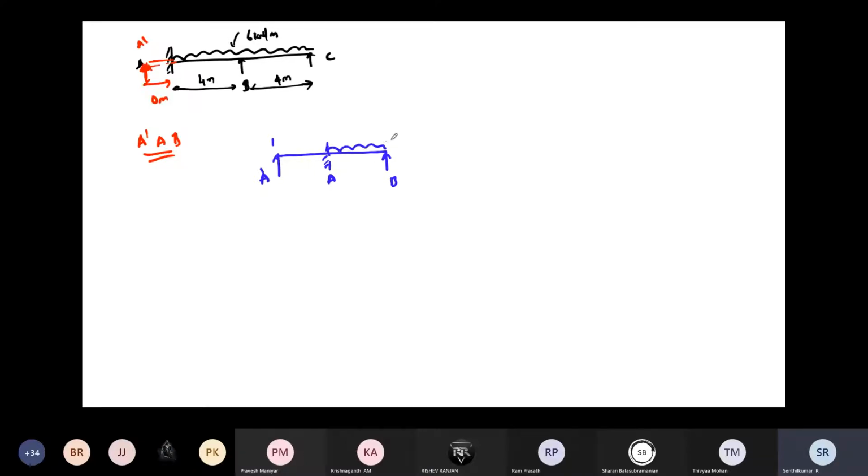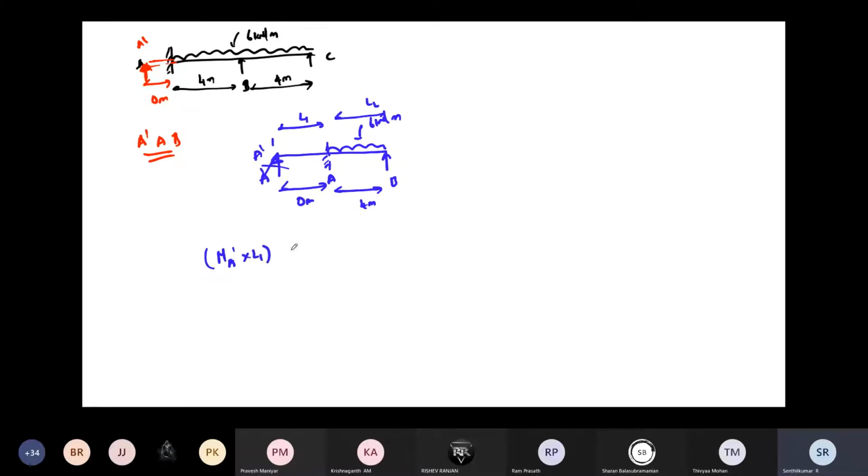So we have a load of 6 kilonewton per meter. This is your span, 4 meter. This is a zero span, 0 meter, with no loading, and this is also a simple support, so you don't have any moment at A dash. So what will be your equation? I can take MA dash into L1, and this is L2.